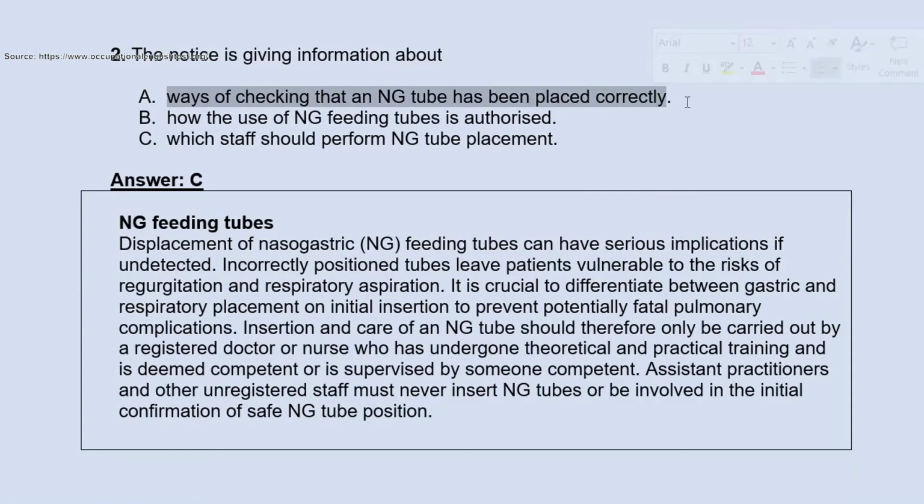So this option cannot be the answer. It is a wrong one. Option B, how the use of NG feeding tubes is authorized. Again, another piece of information which has not been mentioned anywhere in this paragraph.